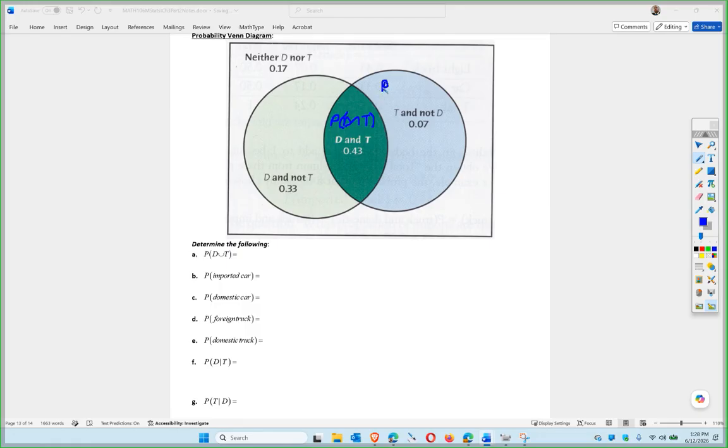So this is the probability of a truck and not domestic. This is the probability of domestic and not a truck. Out here is the probability of not domestic and not a truck. So this whole circle is the probability of being a truck, and this is the probability of cars.